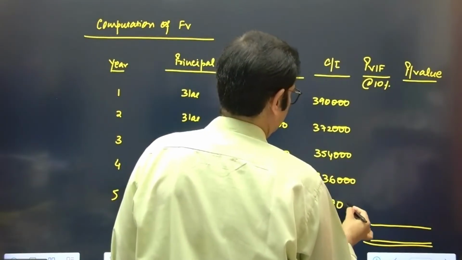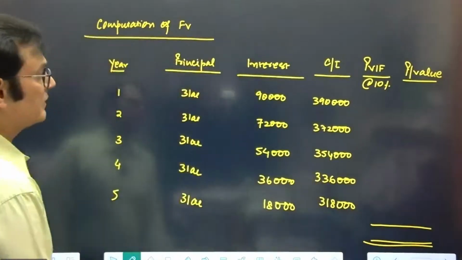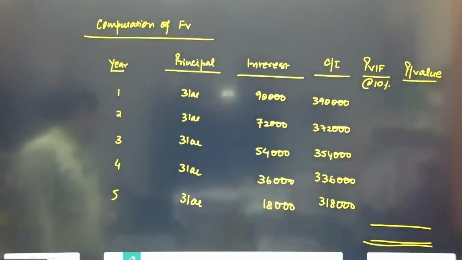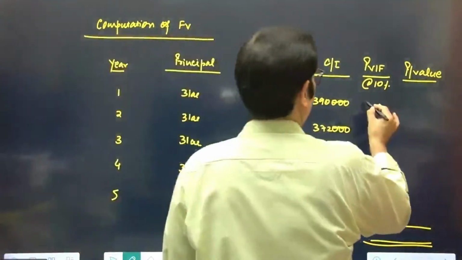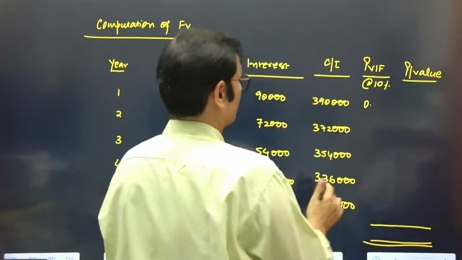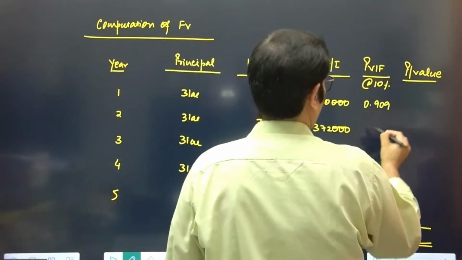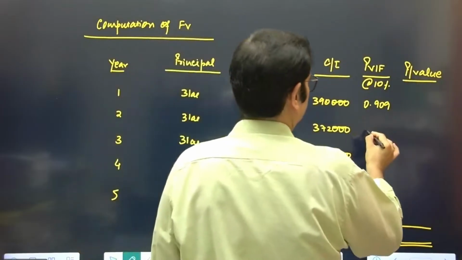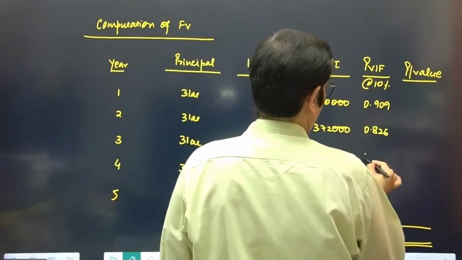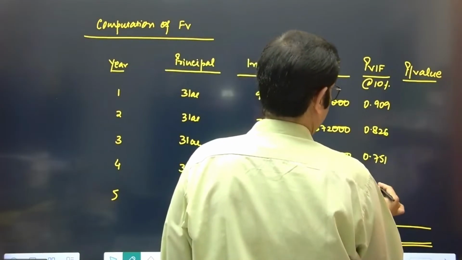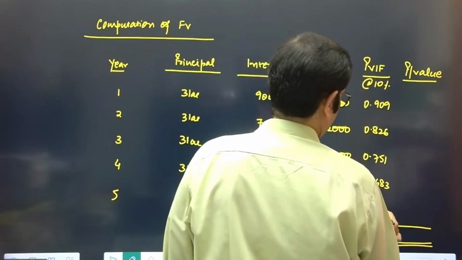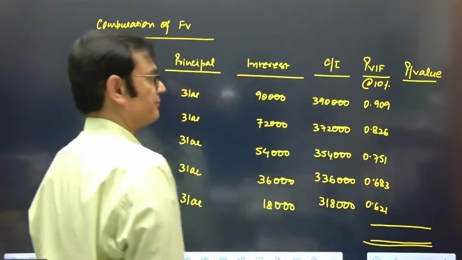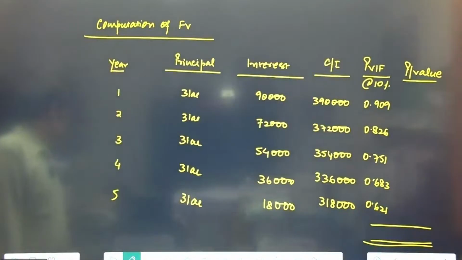This is 318. And we consider the discounting factors at the rate of 10%. So this is going to be 0.909, 0.826, 0.751, 0.683, and 0.621. So we take the present value of all these inflows.